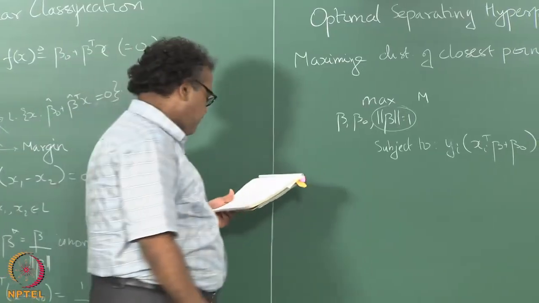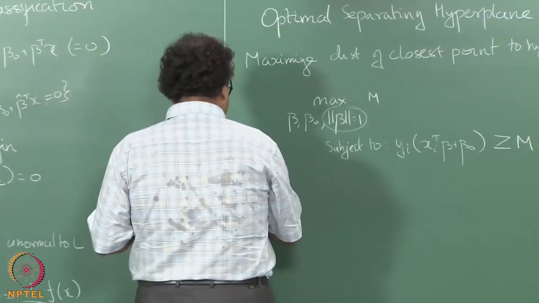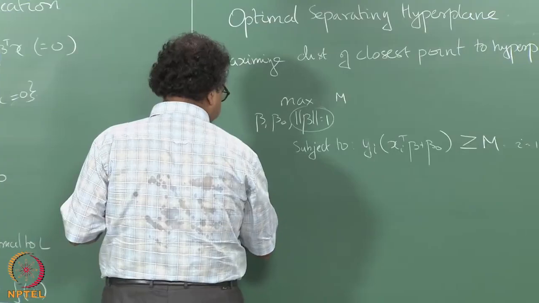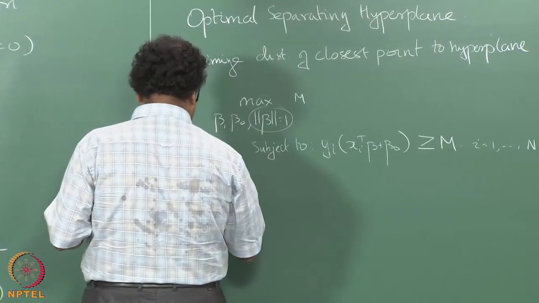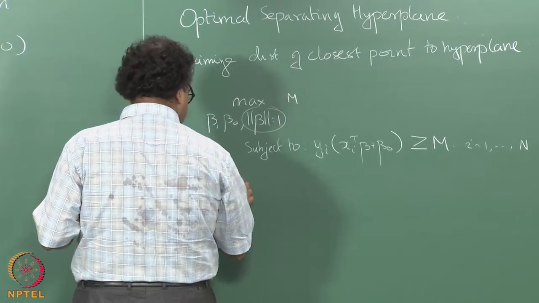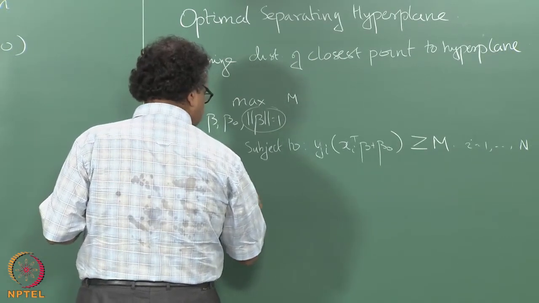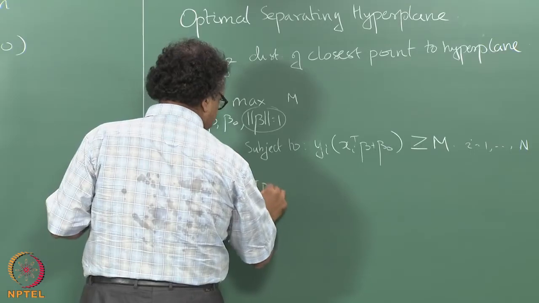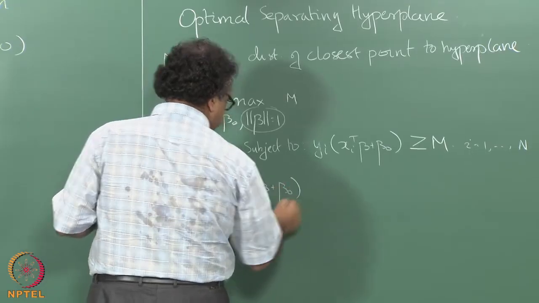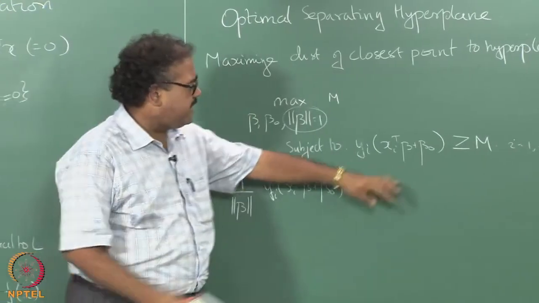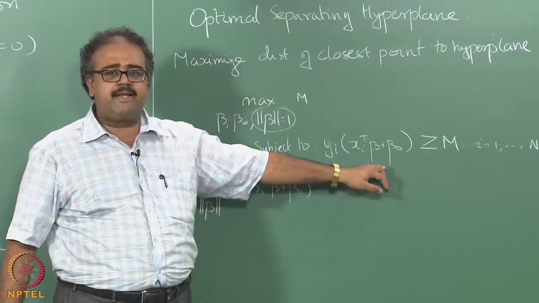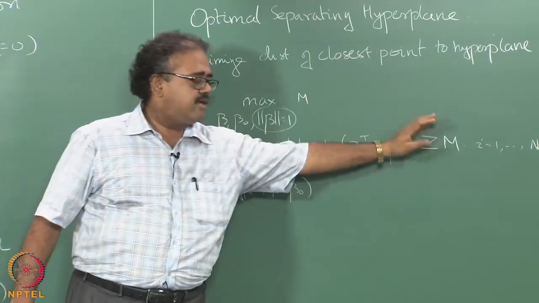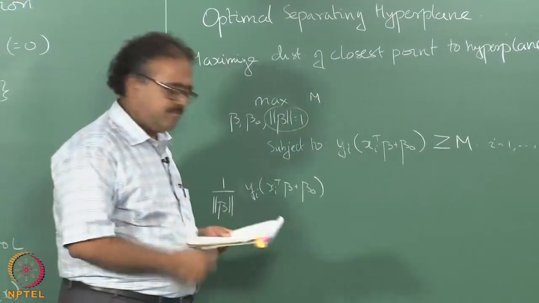So instead of that, right, we will get rid of that. If I didn't have the constraint of norm beta equal to 1, I can arbitrarily make beta large here, right, and make things larger than m, right?